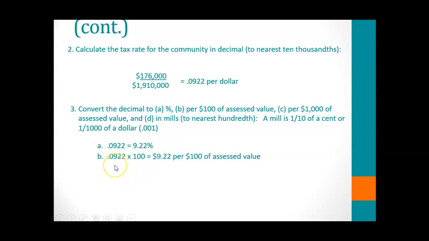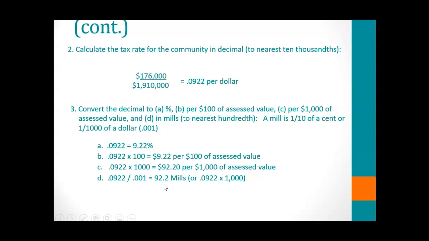If you take 0.0922 in terms of per 100, we're saying that for every $100 of assessed value, we're going to tax them $9.22. That's part B. C is per 1,000. For every 1,000 of assessed value, we'll tax them $92.22.